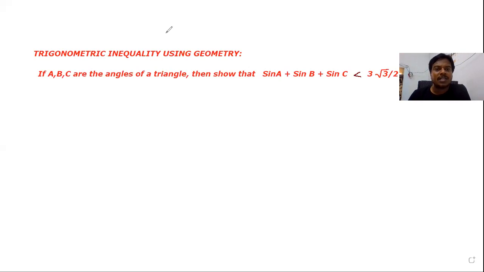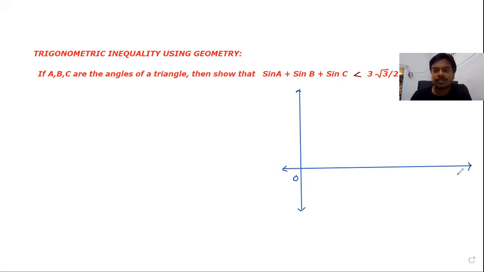To prove this result, first I am going to draw the graph of sin x in the interval 0 to pi. Suppose this is the x-axis and this is the y-axis. I am going to draw the graph of the sine function only in the interval 0 to pi.